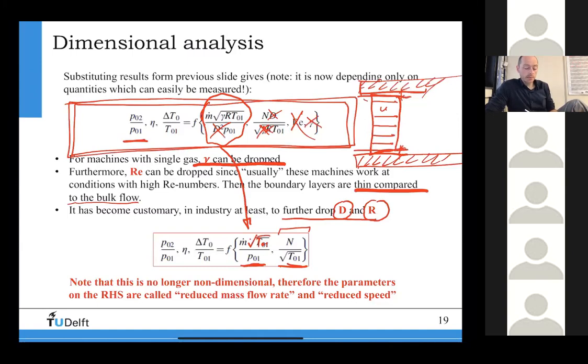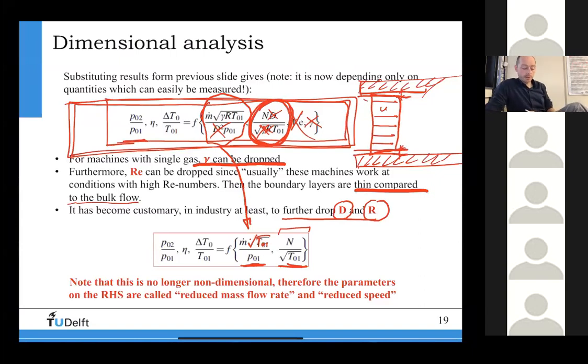Now you can say, okay, what happens if I make this machine half the size, if I reduce the diameter by a factor of 2, but I still would like to keep the same pressure ratio? Then you would be able to calculate how you would need to change the rotational speed by simply using these equations. Scaling analysis, right?